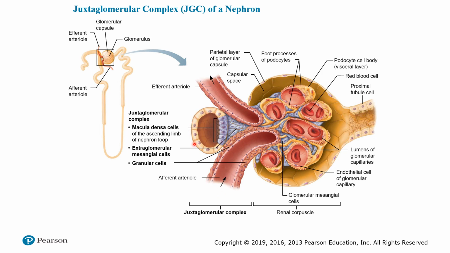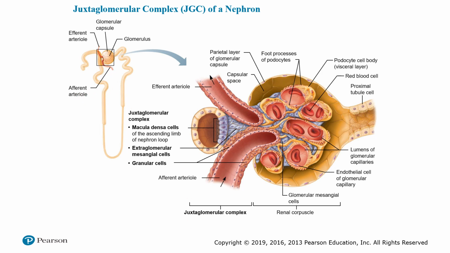This is the ascending limb. This is the thick ascending limb. Let me trace it over here. This is the renal corpuscle consisting of the glomerulus and the capsule. This is the proximal convoluted tubule, and this is the descending limb. This is the thin loop of Henle. This is the ascending limb, and this is where the ascending limb is coming in contact with the afferent arteriole.